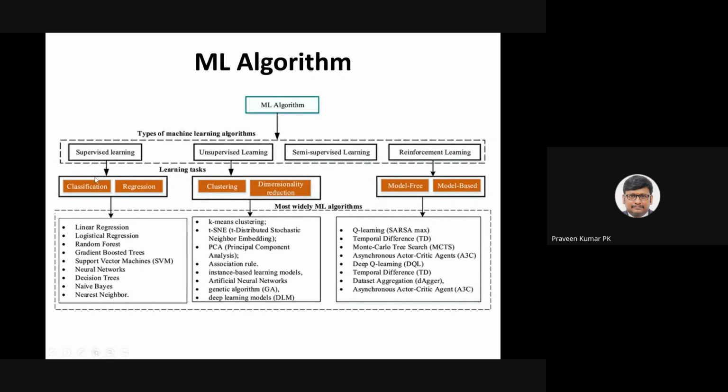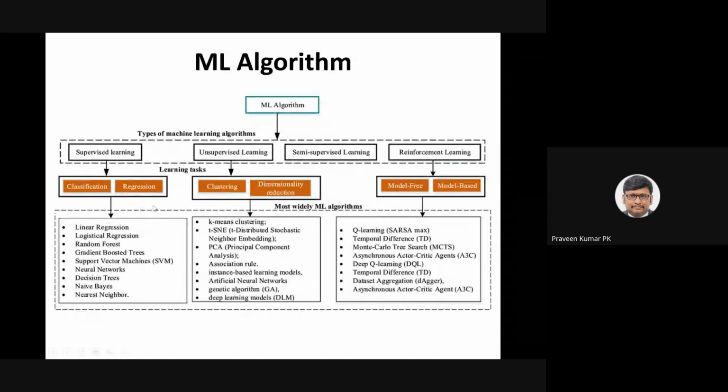So what is supervised learning? What are the methods you can find in supervised learning? The major methods are classification and regression. If you have multiple samples from a population, and in each sample you have some set of data, then how to classify these data? That comes under supervised learning.